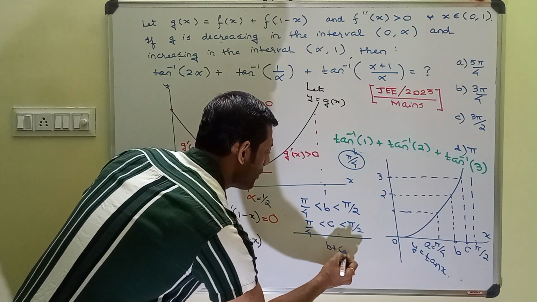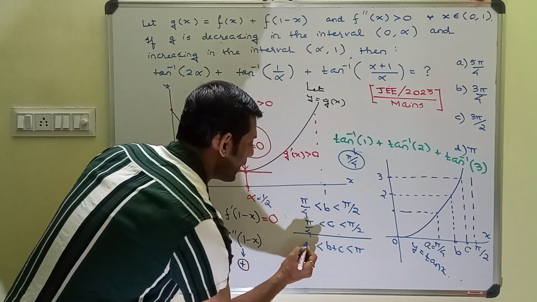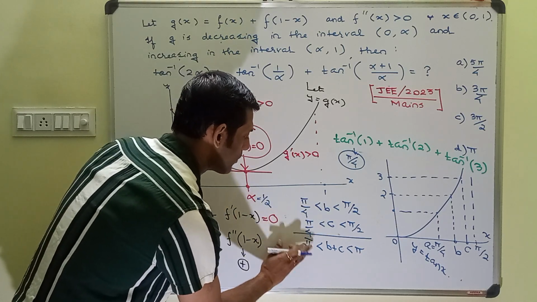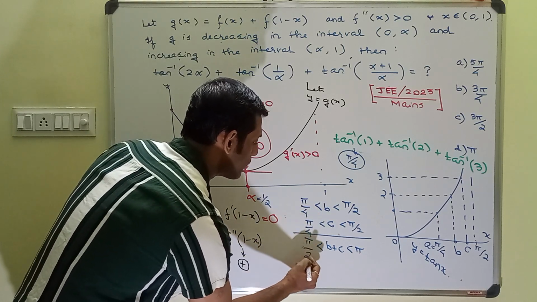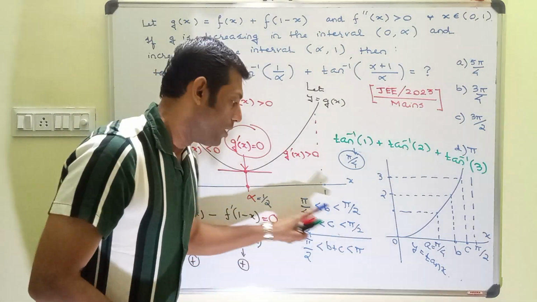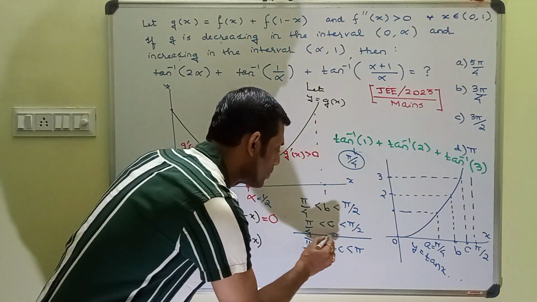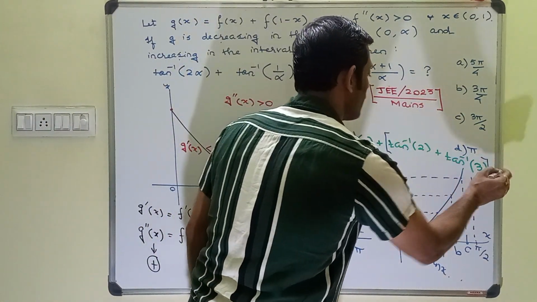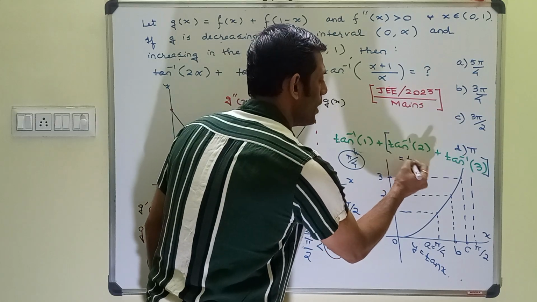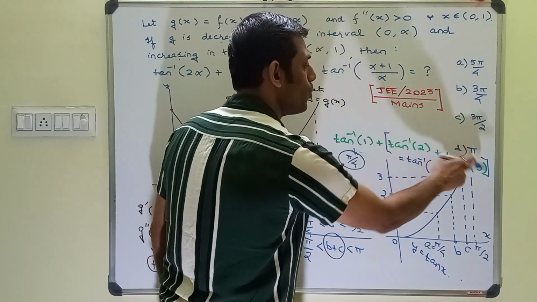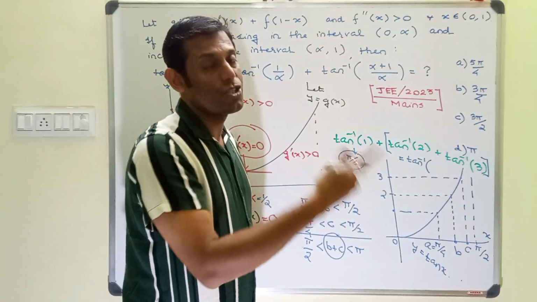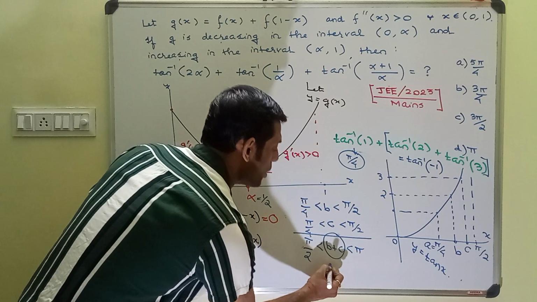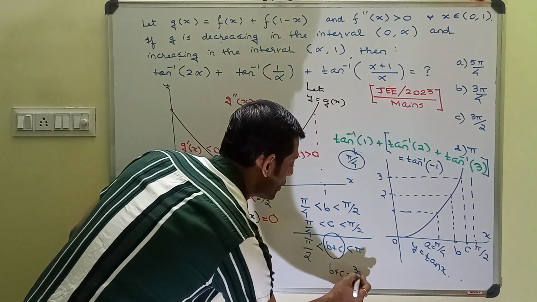That means, dear, your B plus C is less than pi and greater than pi by 2. Now, greater than 90, less than 180. In the second quadrant, this B plus C summation should be such that tan inverse 2 plus tan inverse 3, which by calculation yields tan inverse of 2 plus 3, that is 5, by 1 minus 6, that is minus 5, as minus 1, that value can be equal to and only equal to 3 pi by 4.